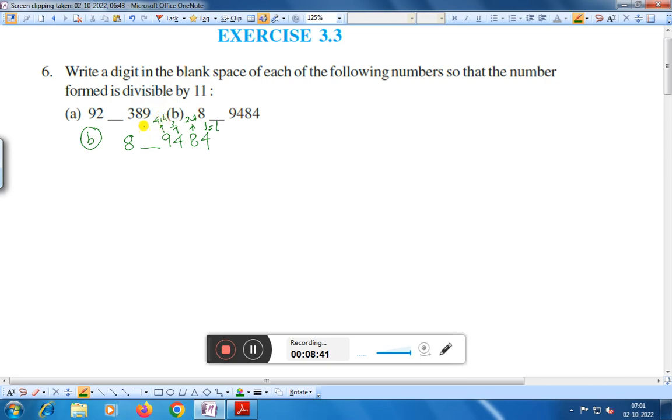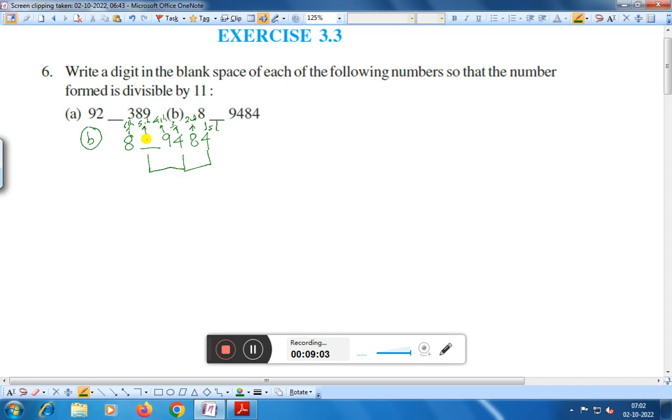This is the fifth digit, fifth. And this is the sixth digit, right? Now if we add the sum of the digits at odd places, that is first, third and fifth.